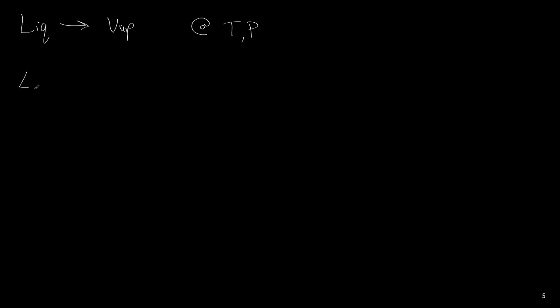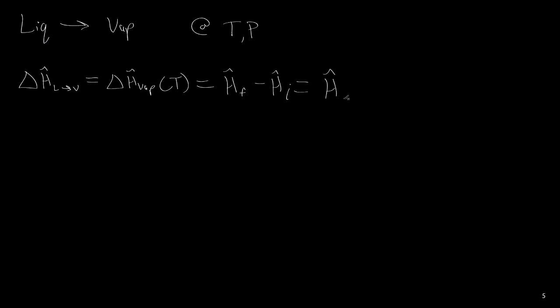So how we would do this is we would have delta H hat going from liquid to vapor, and we should all recognize that this is the heat of vaporization at the system temperature. Then we can write this as the final state minus the initial state, because that is the definition of the delta, and then we would fill in our actual values.